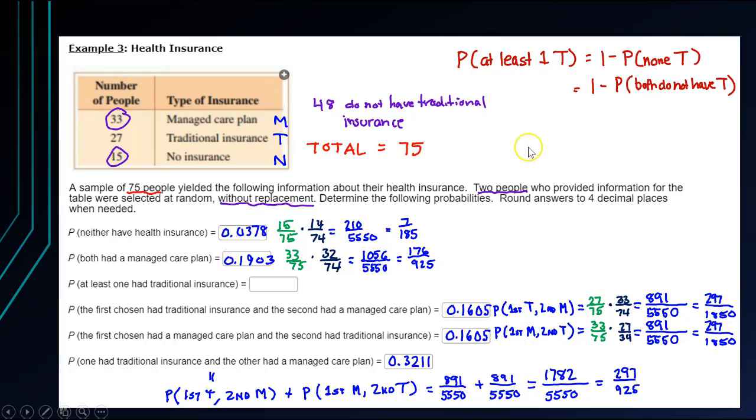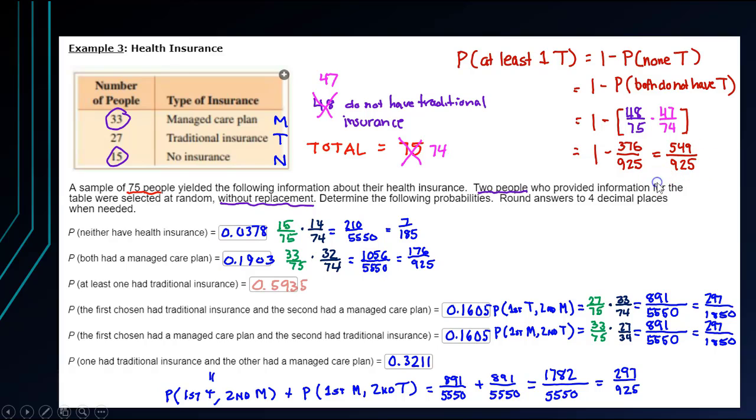That's out of 75. So the probability of getting the first person to not have traditional insurance is 48 out of 75. And then the second person is going to be 47 out of 74. So I'd multiply those together and do 1 minus that to get 549 out of 925, which is approximately 0.5935.